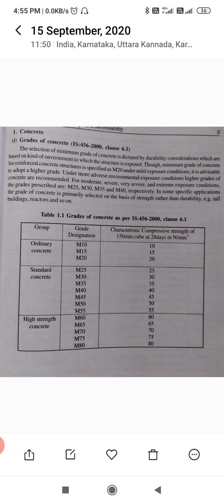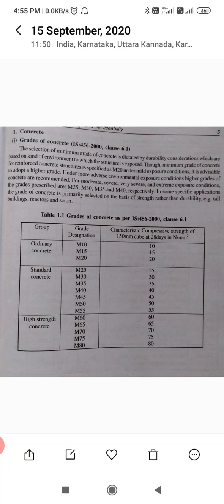The minimum grade of concrete for reinforced concrete structures is specified as M20 under the mild exposure condition. It is advisable to adopt a higher grade under more adverse environmental exposure conditions. Higher grades of concrete are required for moderate, severe, very severe and extreme exposure conditions.